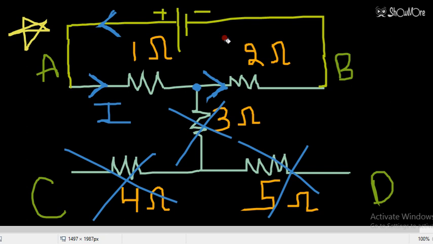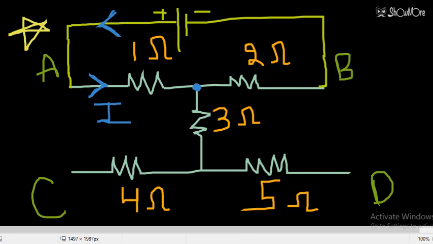So when I have to find the resistance between A and B, then my answer will be that the 1 ohm resistance will be in series with the 2 ohm resistance. The same current I is flowing in this way.